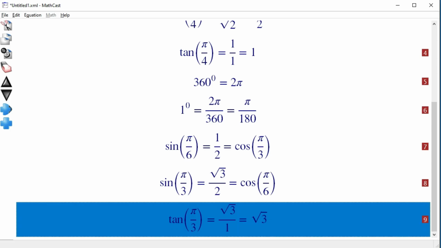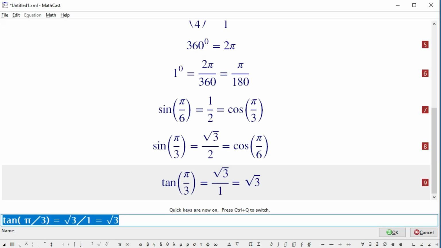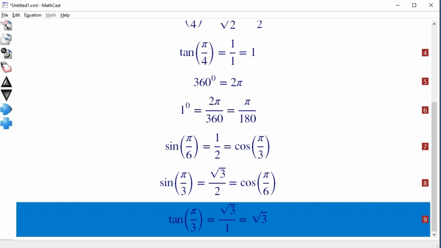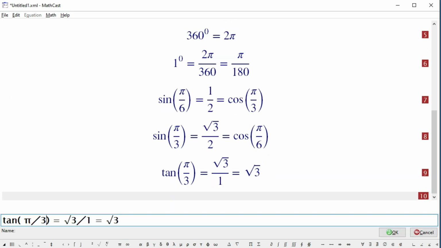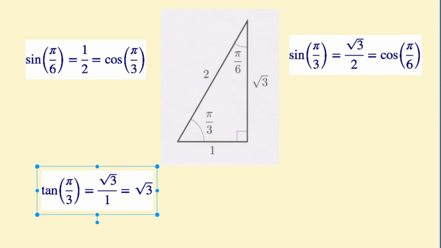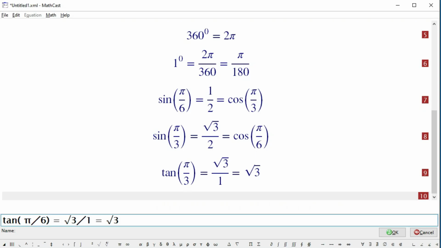And we'll have tan of pi by 6, which is opposite over adjacent, 1 over root 3. And tidying it up, you can have it as root 3 over 3.